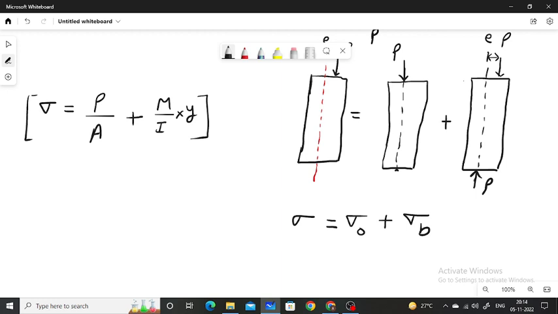Okay. So, the failure will occur due to this total stress, which is the combined effect of the direct stress and bending stress.